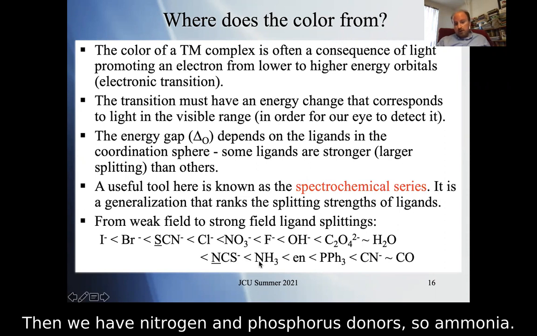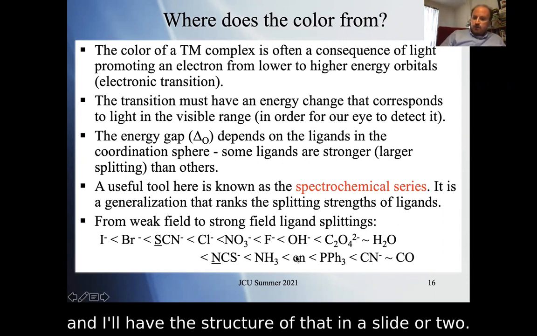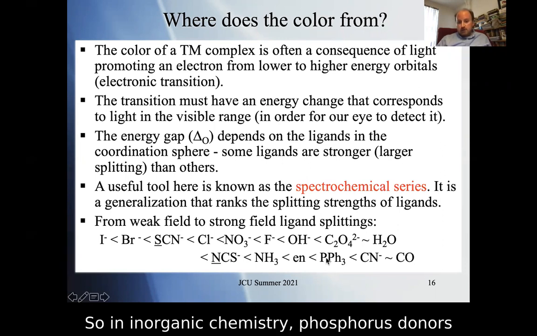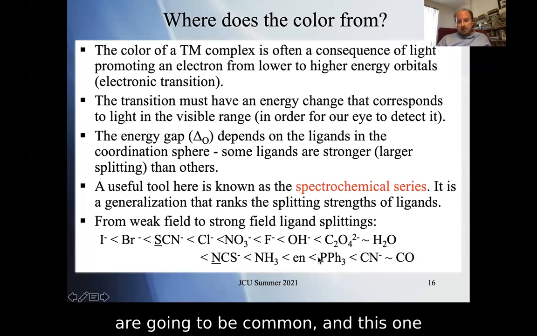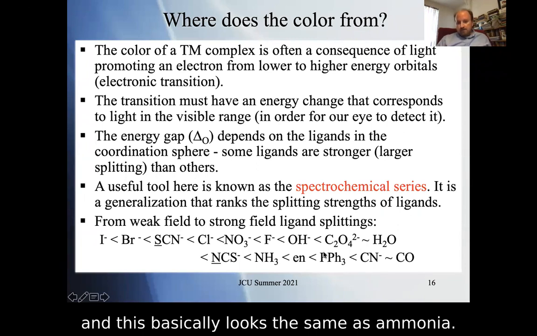So ammonia, ethylenediamine, which we shorthanded as en, and I'll have the structure of that in a slide or two. Here, this is what we call a phosphine. In inorganic chemistry, phosphorus donors can be common. This one happens to be triphenylphosphine, so there are three benzene rings around that phosphorus. And this basically looks the same as ammonia.